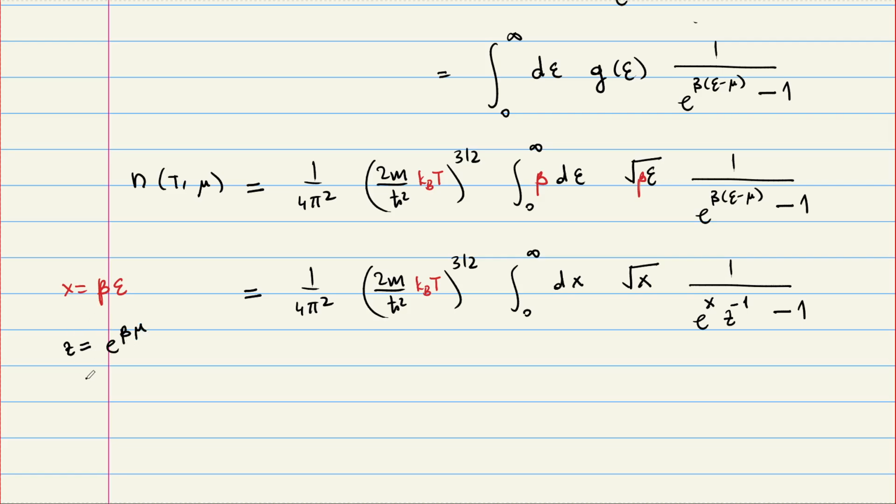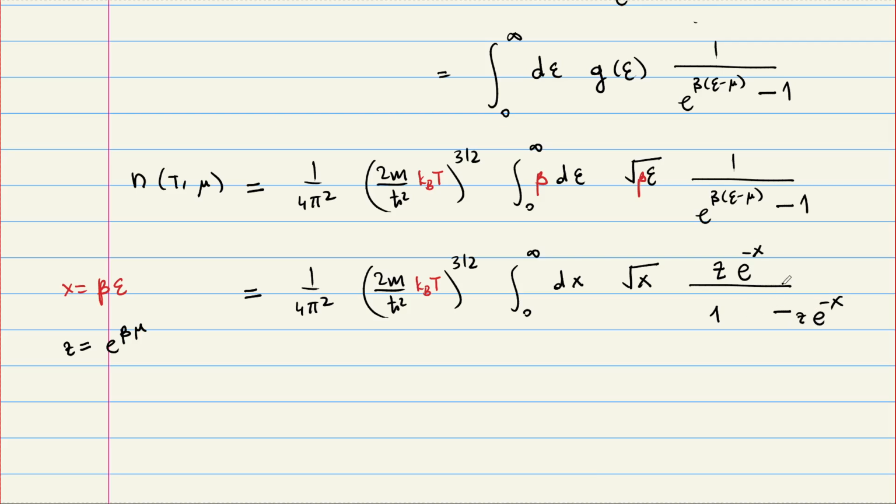Sometimes people call z the fugacity. And I want to multiply by e to the minus x times z, both numerator and denominator. So this is going to be z times e to the minus x, and this is going to be 1 minus z e to the minus x. Good.